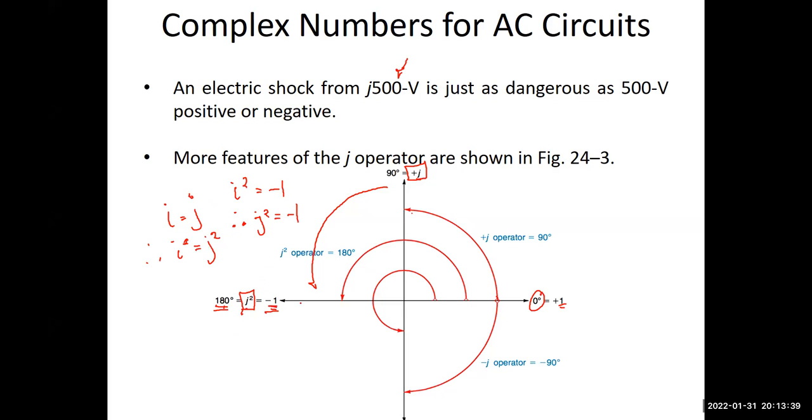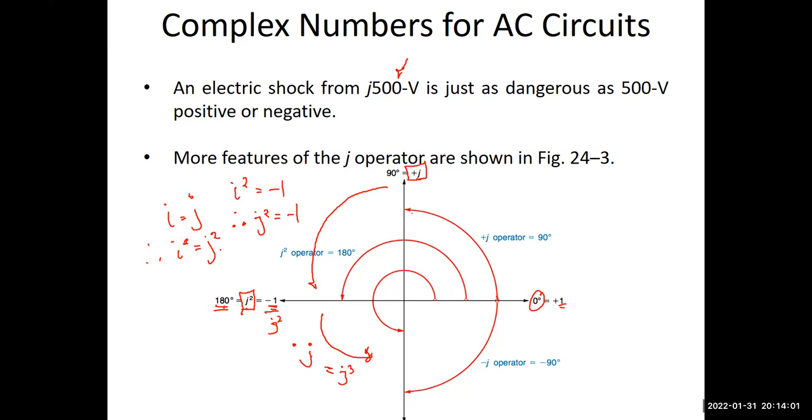Okay. Tapos, another 90 degrees daw ay another J. So if this is J square, that will now be multiplied by another J. So J square times J would be equal to J cube. Di ba?